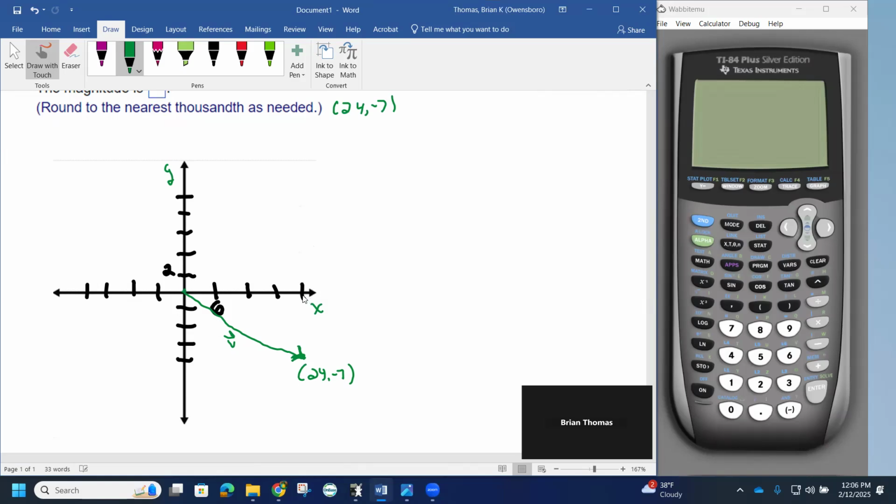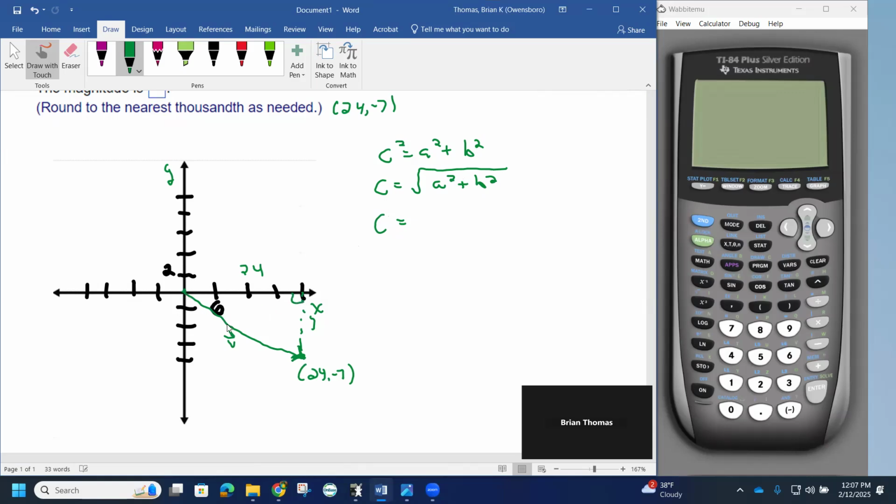Now, what I can do is create a right triangle here. This would be 24 by 7. By the Pythagorean theorem, we know that c squared is equal to a squared plus b squared, so c equals the square root of a squared plus b squared. Notice how the right angle is here.